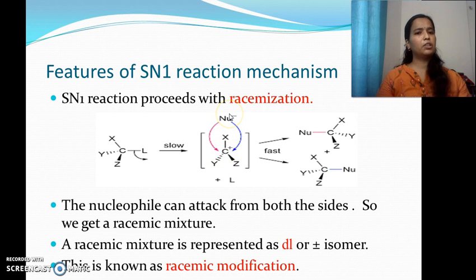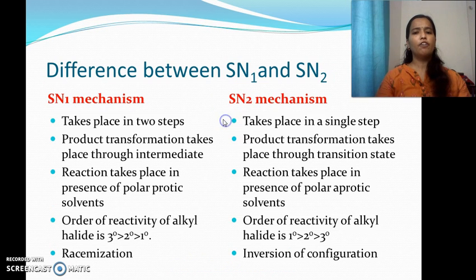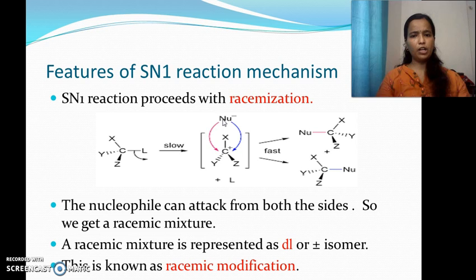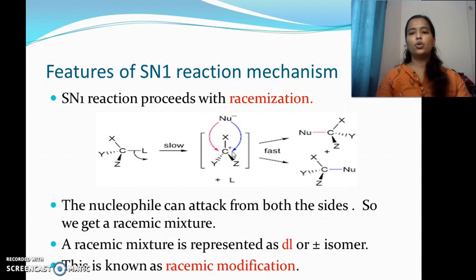The next step is the incoming nucleophile attacking the carbocation. This nucleophile can attack either from the back side or from this side where there was a leaving group or a halogen atom. Because the leaving group has already left, the nucleophile can attack either through this side or through this side.